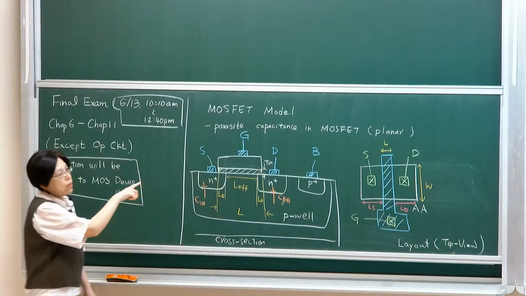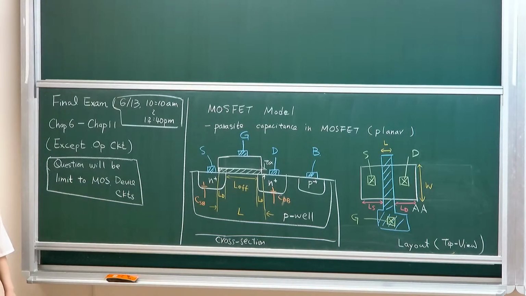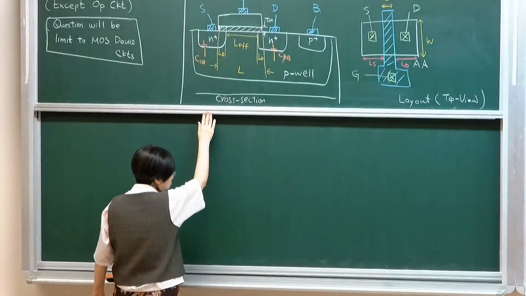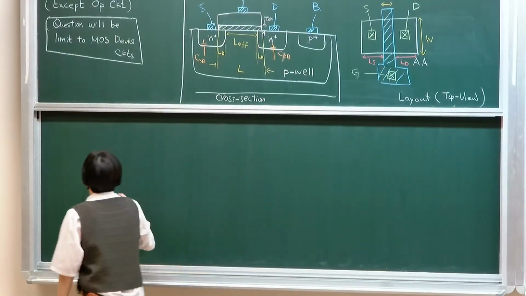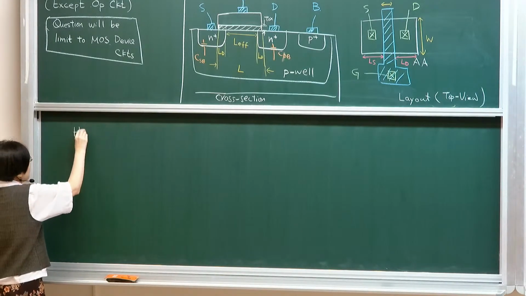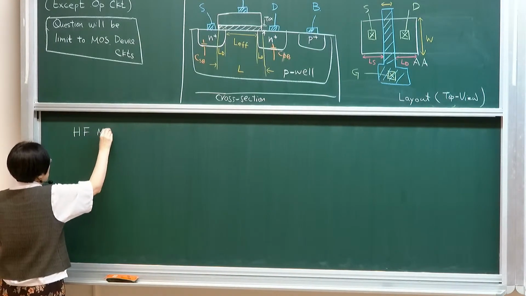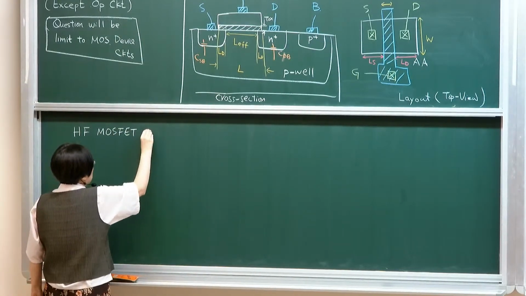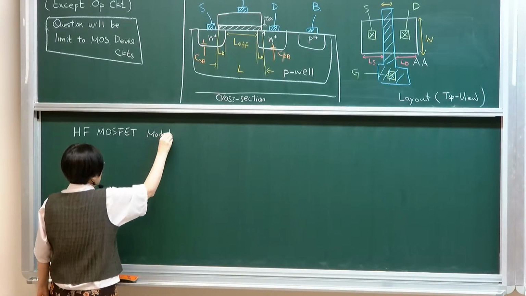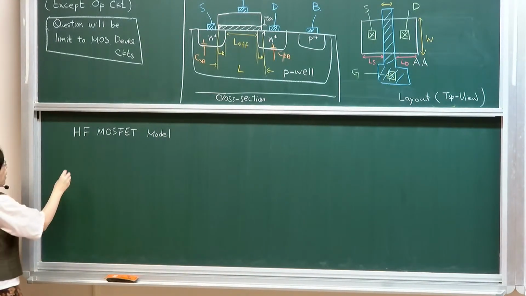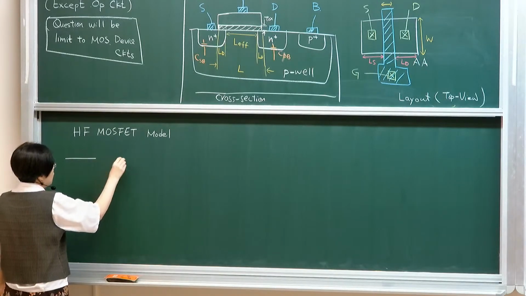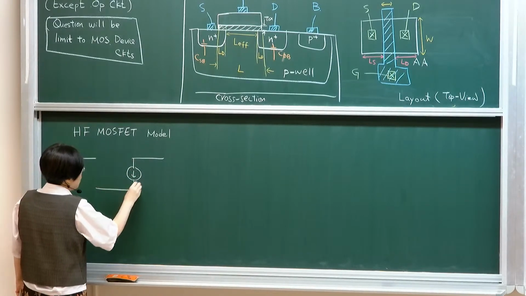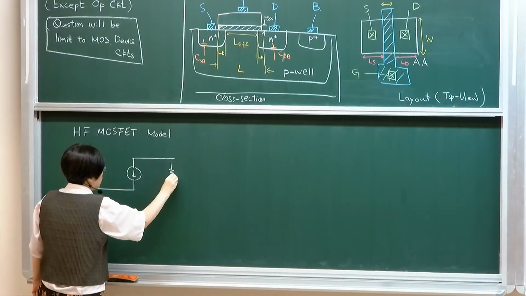So once I have all these parameters, I could then determine the final model, extract all the high frequency model parameters. So the high frequency MOSFET model can then be determined by, let me first draw the model. I have the original, without the parasitic capacitance, there's only two elements.